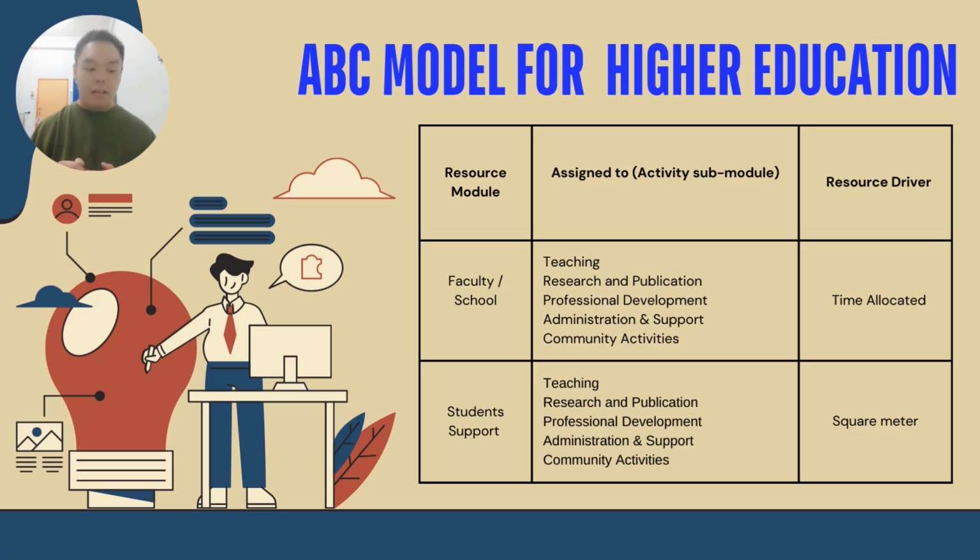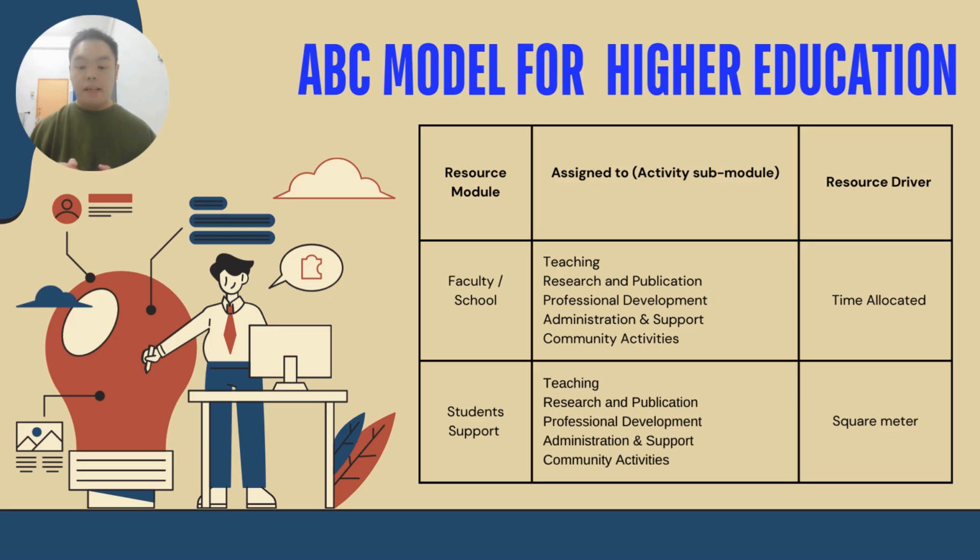In addition, each lecturer is required to complete the KPI on time. How to complete the KPI? Each lecturer is required to conduct research and publish. In order to complete their KPI on time, the faculty or school needs to allocate the cost to each lecturer to publish their research.